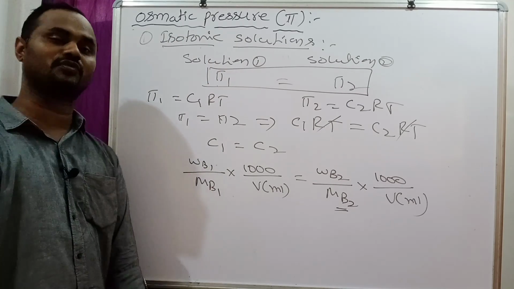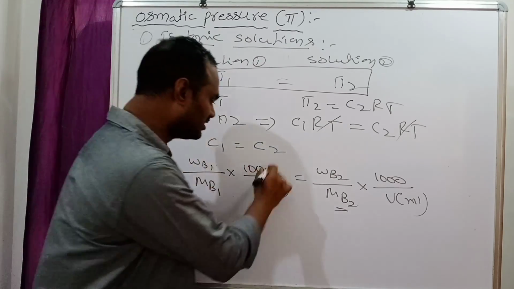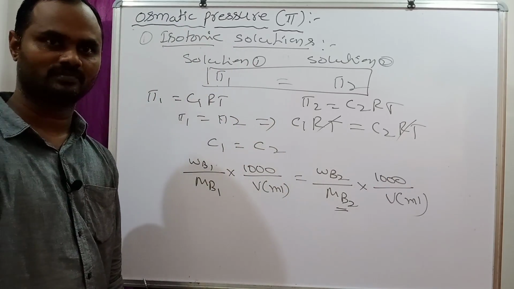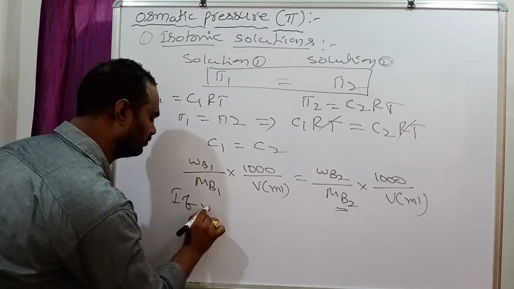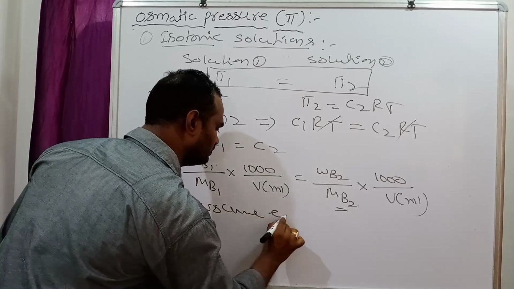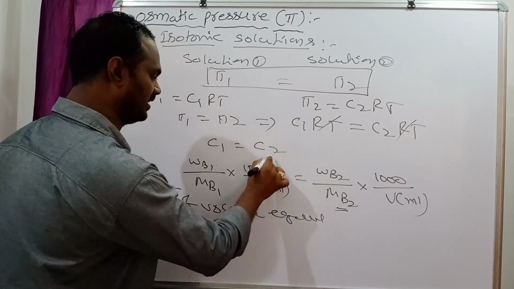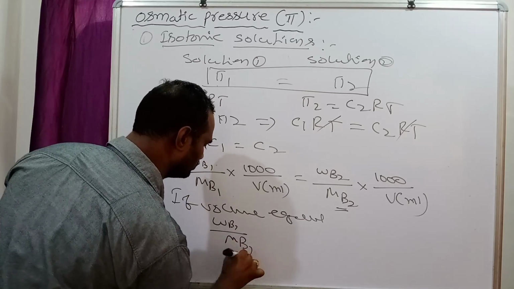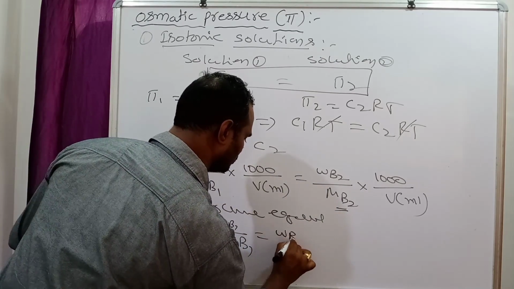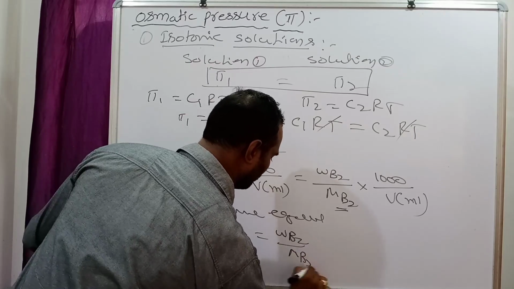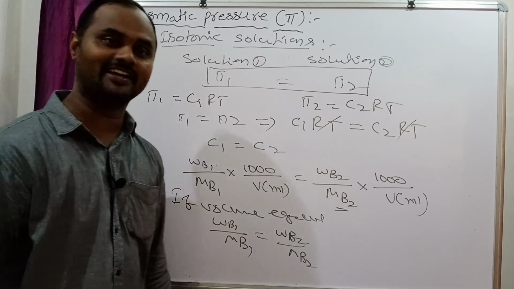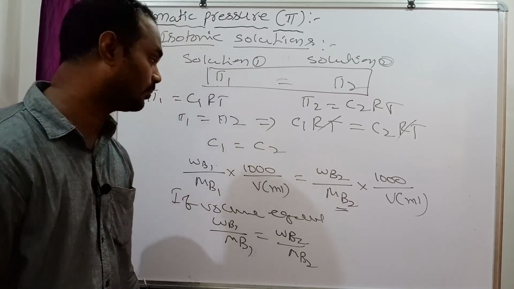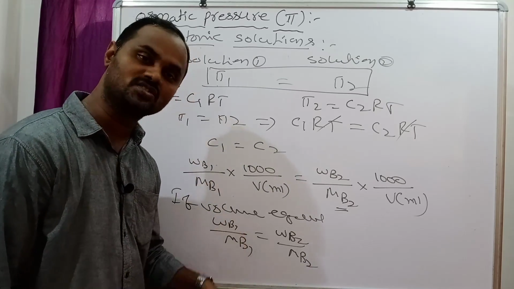By using this formula, if the volumes are equal, these also cancel. If the volumes are equal, these two cancel. Therefore, based on this formula, we can calculate the molecular mass or molar mass of the unknown solute.